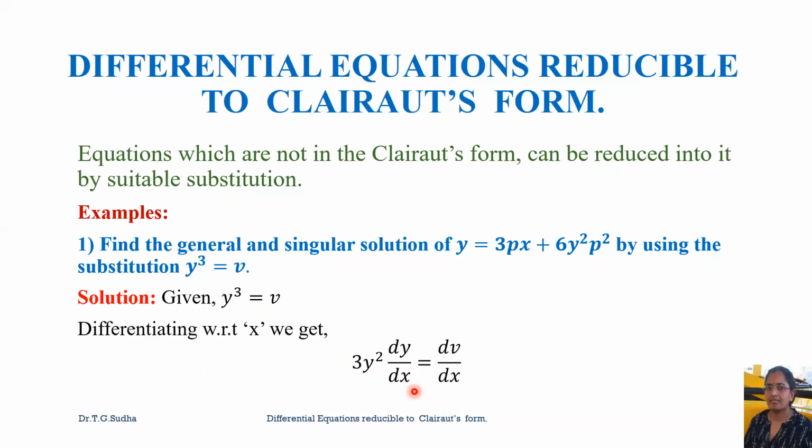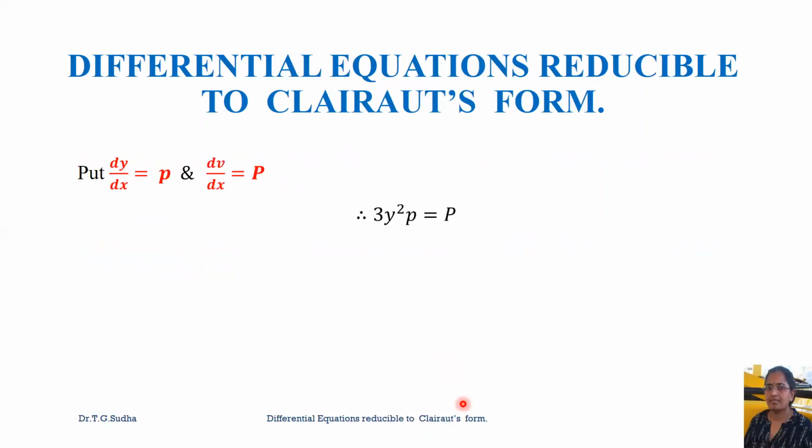So let us give a new notation for dv by dx, that is denoted by capital P. So with these notations, the above equation reduces to 3y square small p equal to capital P.